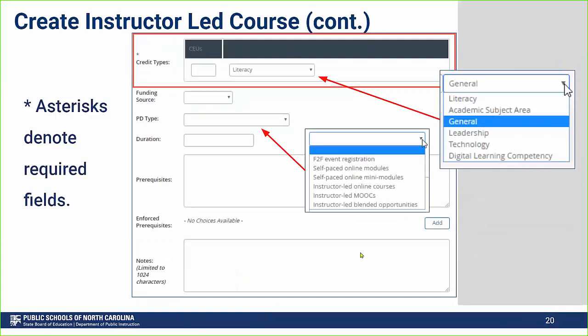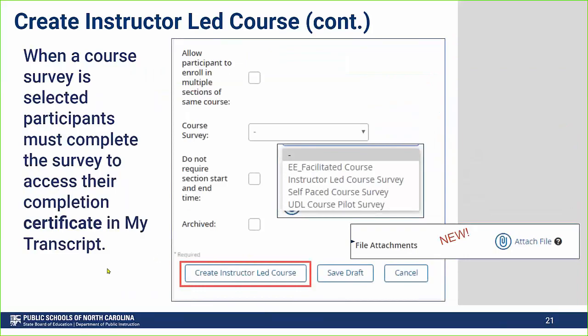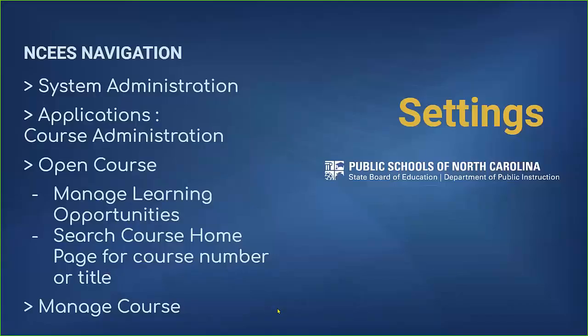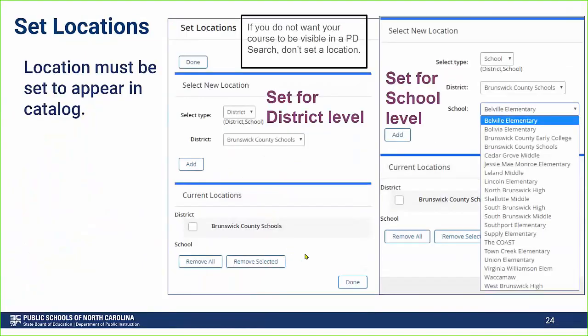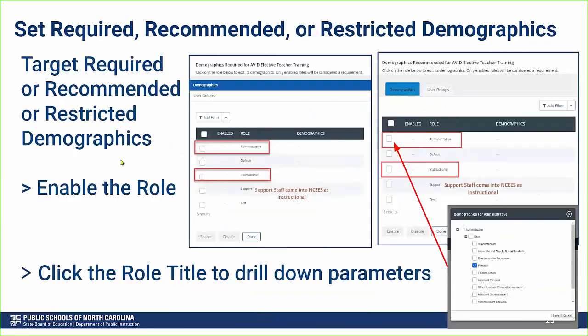All right, so I do have screenshots going through everything we just did. We looked at the settings and setting all the different areas for your settings. How to set it and publish it to just certain schools or for your district level. How to do targeted and recommended or restricted demographics.